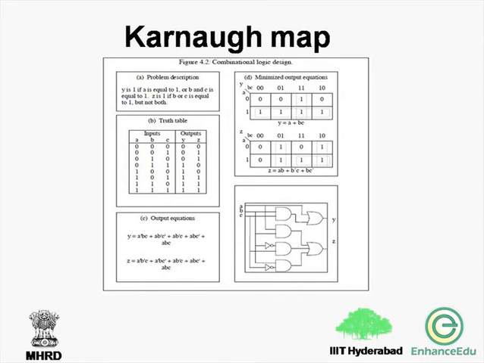The minimized output equations can be obtained by algebraic manipulation or by the use of K-maps. Here they have shown a simple example for this problem description in the K-map. Once the K-map and the output equations are obtained, we can draw the respective circuit diagram and the circuit can be implemented. So these are the basic steps for combinational logic design.